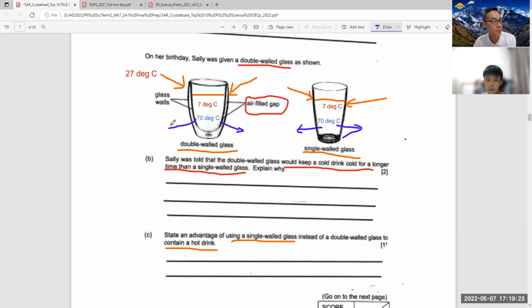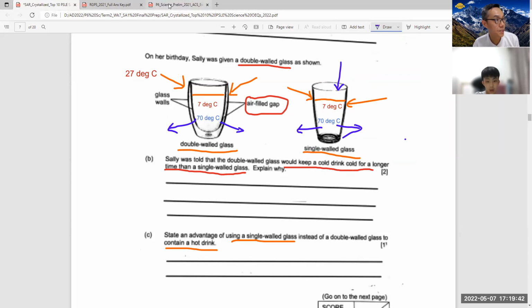So by using the single wall glass, the hot drink can lose heat faster to the surrounding. Therefore, the person can take the drink, cooled down, in a shorter period of time.